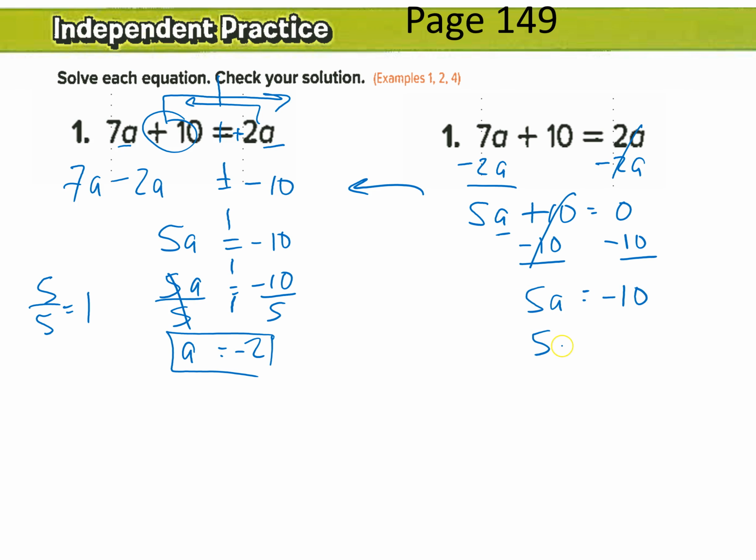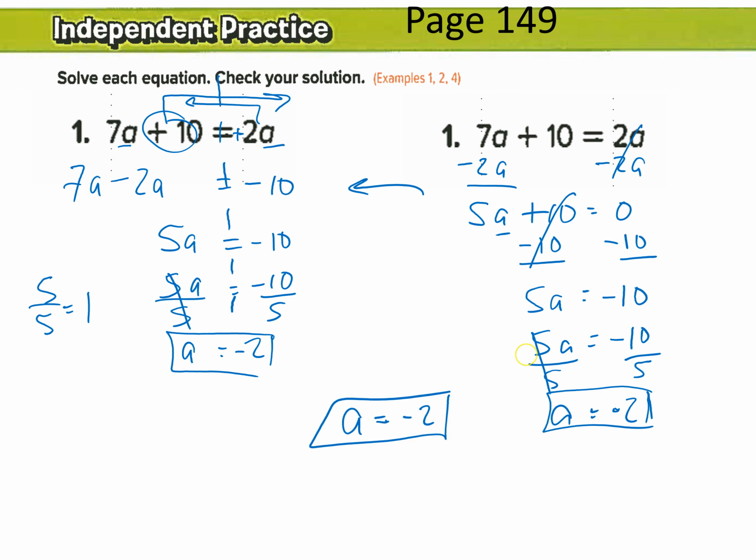Then I'm going to divide both sides by 5. a equals negative 2. In order to save time, I'm not going to check them in the video. I'm just going to solve them. Either way you go, a equals negative 2.